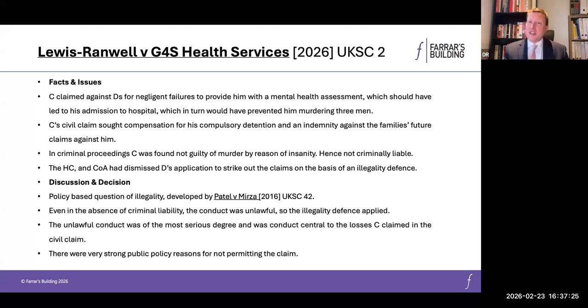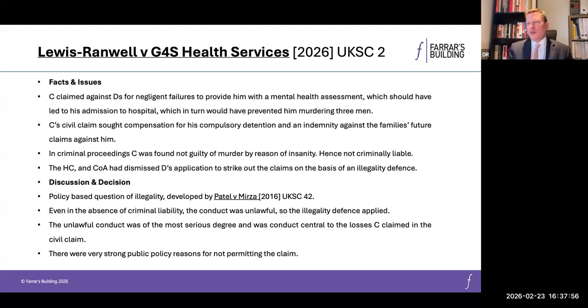And if he had been admitted into a hospital, he would thereby not have killed three men. And so he sought compensation, or has been seeking compensation, I should say, for the consequences of himself killing those men. The compensation being for his compulsory detention and an indemnity against the claims from the victims' families that were anticipated.